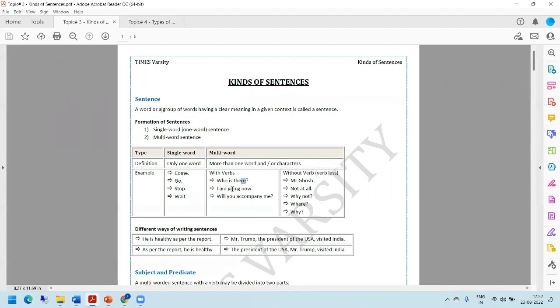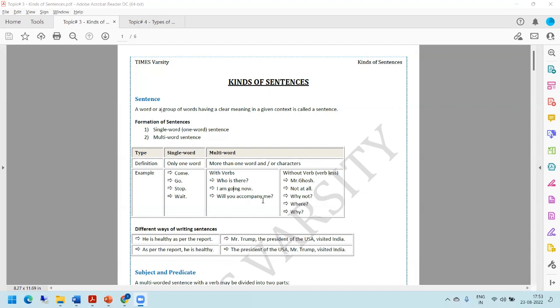Can you identify the parts of speech in this sentence? Here, I is a pronoun, am is a helping verb, going is a verb, and now is an adverb. So this is an example of a multi-word sentence.